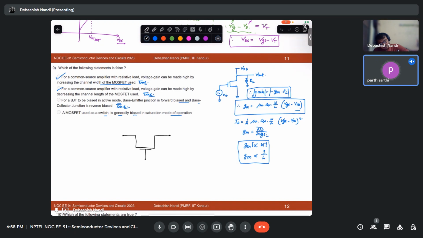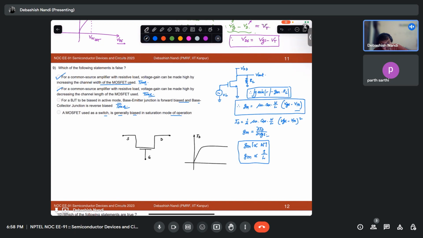This is bidirectional, so let's say this is the source and this is the drain. When you draw the I versus V curve, that is linear, so resistance is small, and here resistance is infinite, so less resistance.